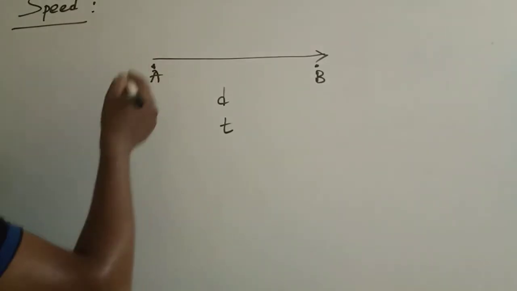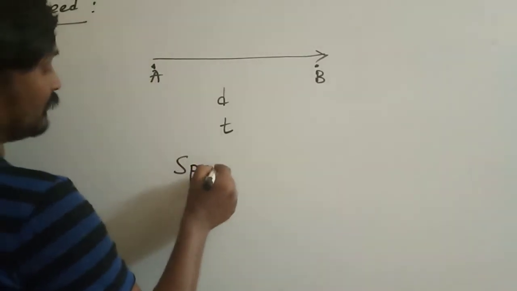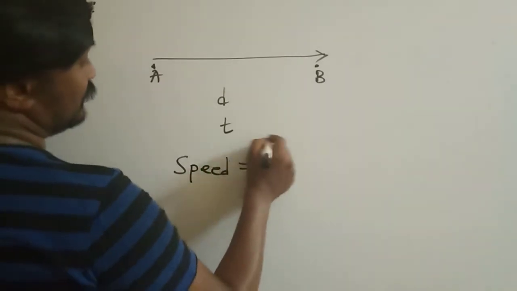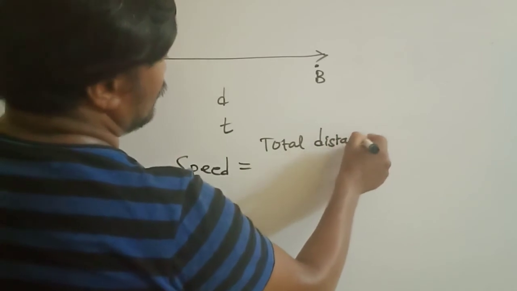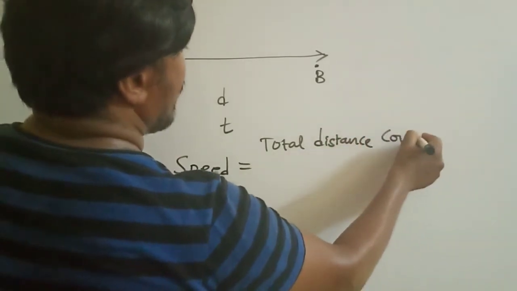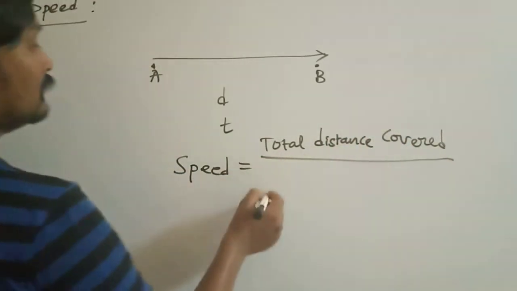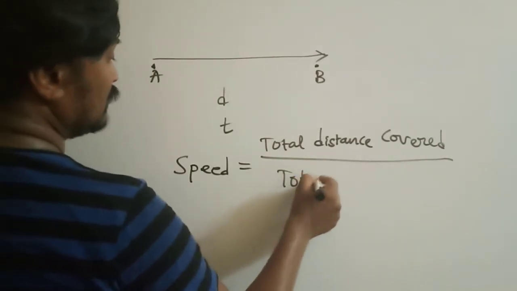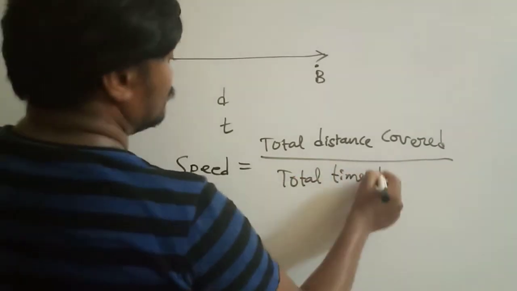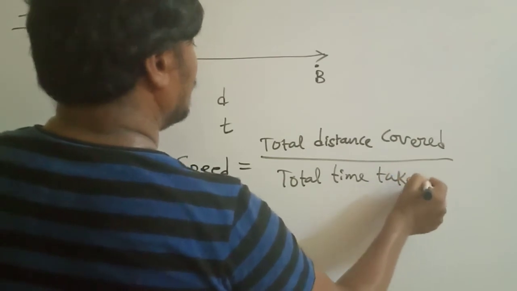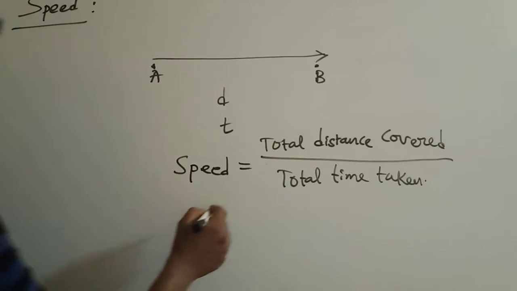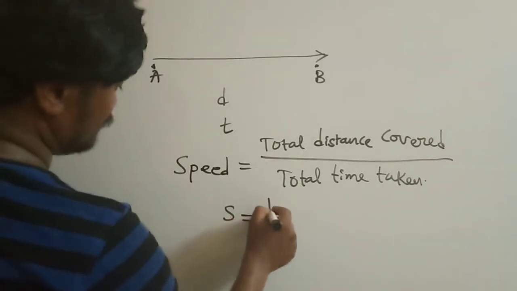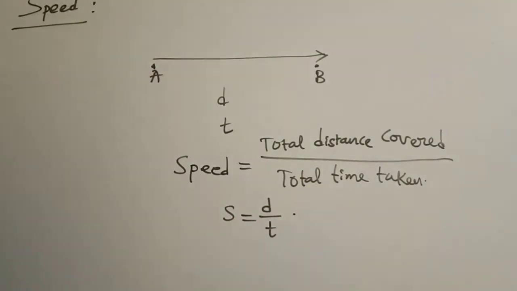So speed of an object is equal to total distance covered upon total time taken. Okay, so this is called your speed, and if you want to write it, speed s is equal to d upon t.